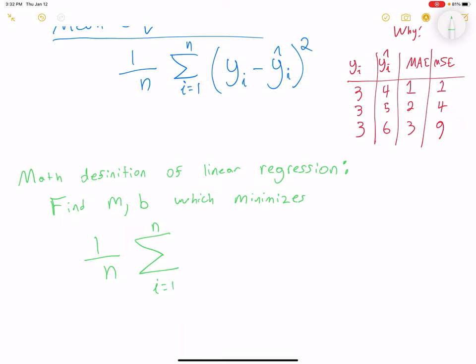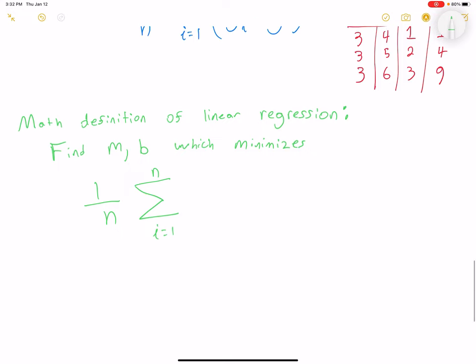Sorry, I mean, why not the fourth power? One reason is just simplicity. There's no need to do that. There are other reasons, but we're not there yet. We'll get there. So there's a bunch of nice properties of mean squared error.